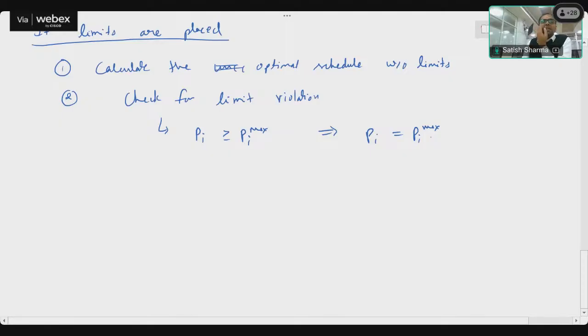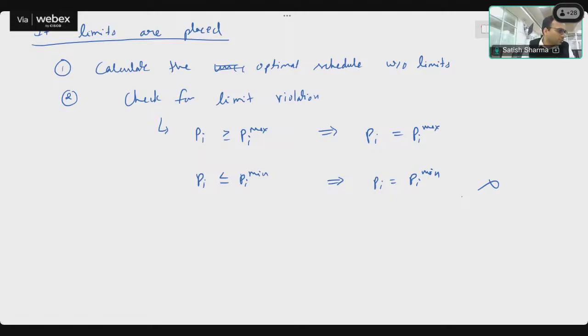And generally by thumb rule, if Pi comes out below the minimum capacity, we would do the same, that this Pi should equal the minimum, but this is not a correct practice. So let me solve a particular example.